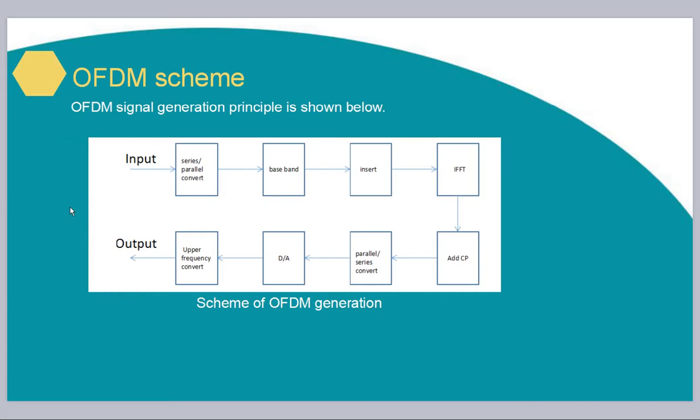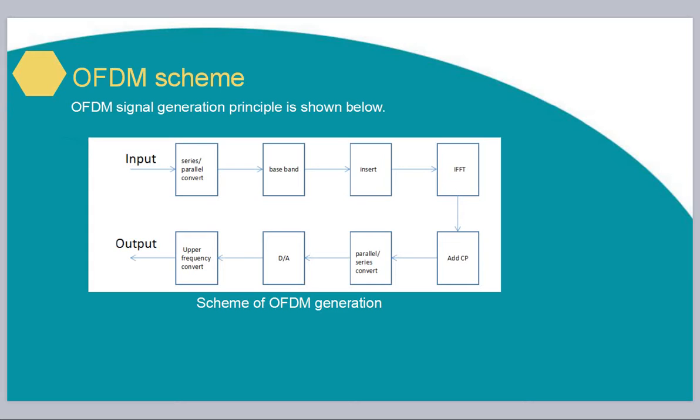The last part is about the OFDM scheme. The OFDM signal generation principle is shown below. First, we get the input and convert it from serial to parallel, and then we get the baseband, and then we insert the sequence and do the IFFT.